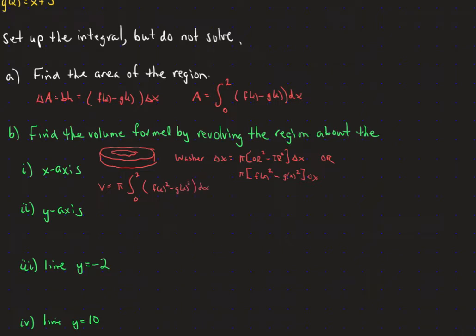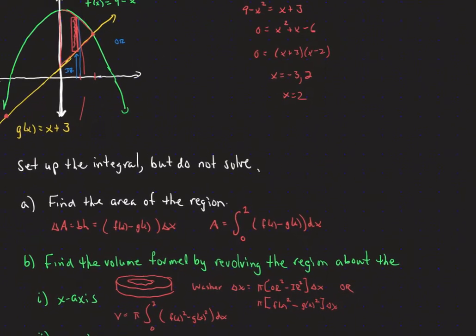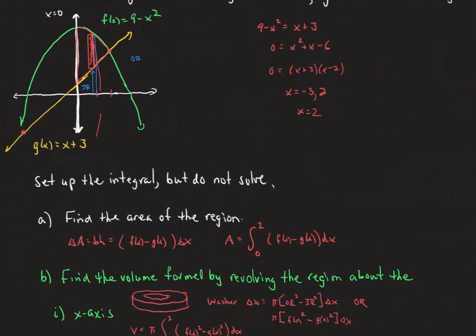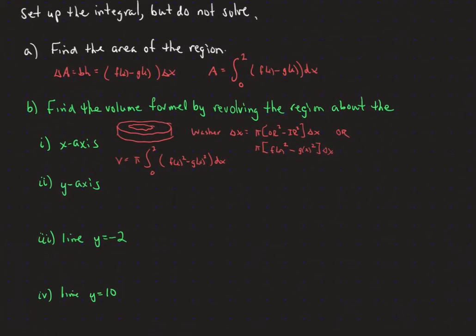and a dx. Now when we revolve around the y-axis, if we look at our little rectangle, we can see that our axis of revolution, the y-axis, is parallel to our rectangle. So that means we are going to use the shell method.